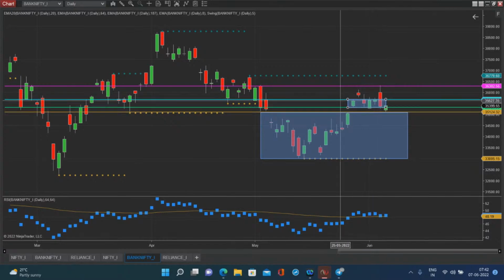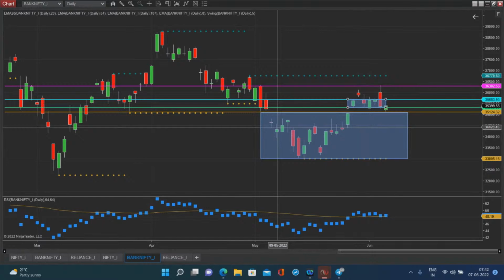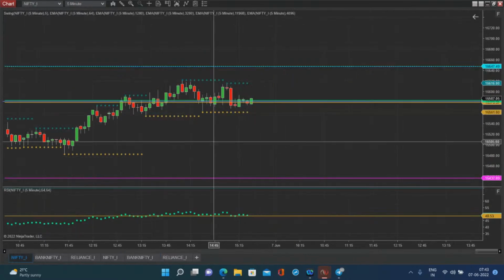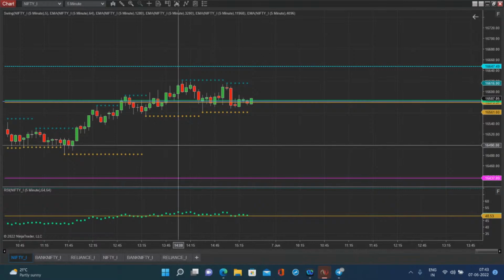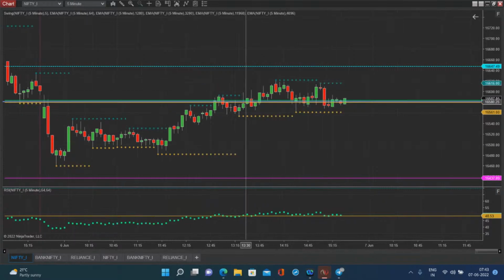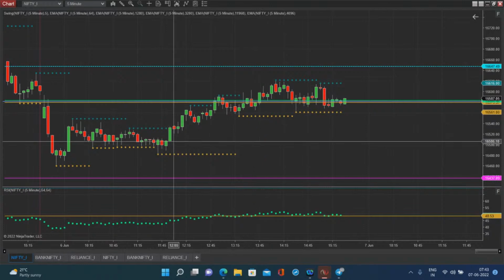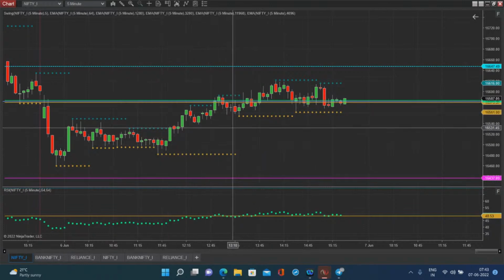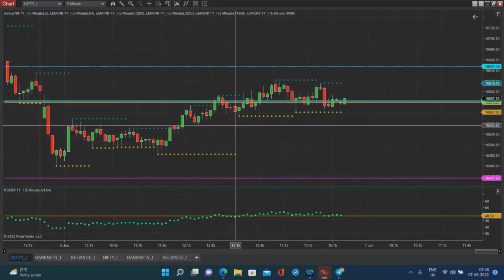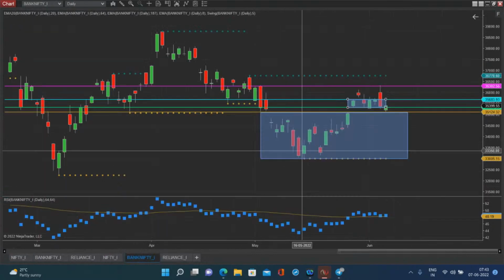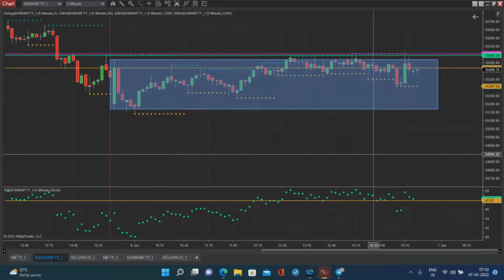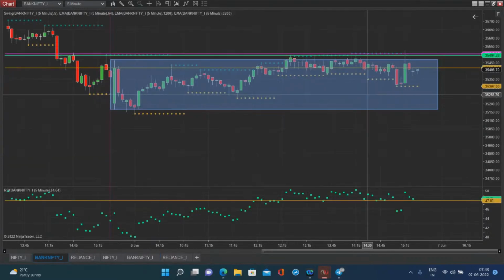Between these levels, how do you play these intraday levels? That is where I use tools like market profile and order flow. That is what gives the micro levels where we can play the market better. So on an intraday basis, in Bank Nifty, we have to break the 35,311 level.